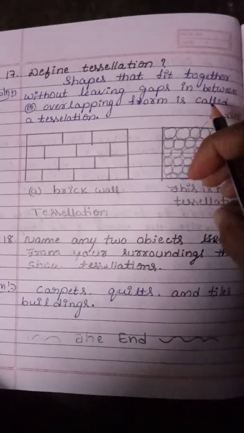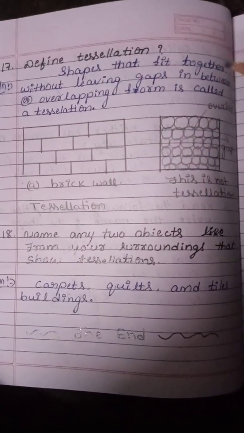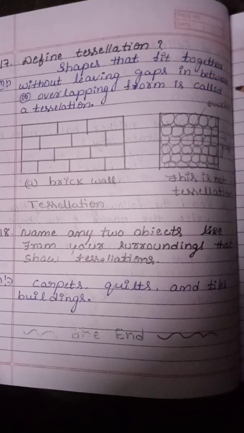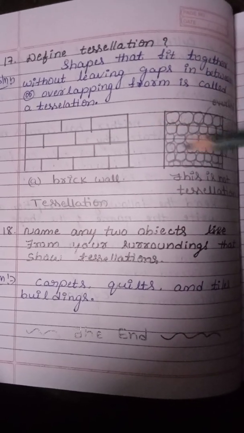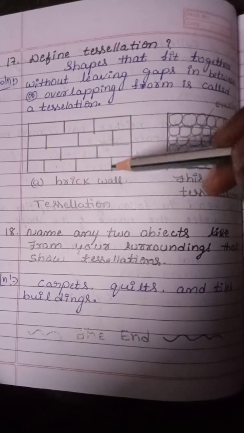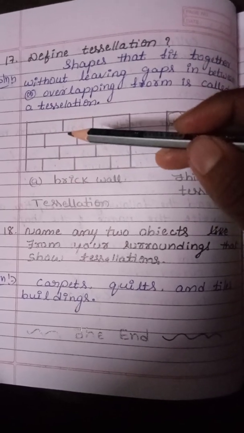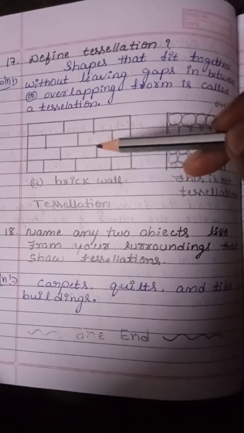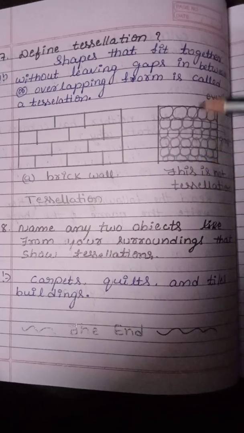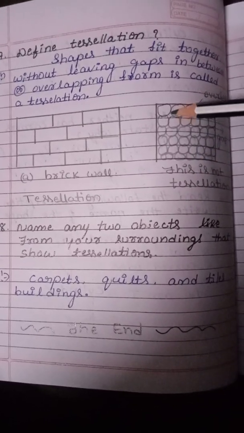Define tessellations. Shapes that fit together without leaving gaps in between or overlapping form a tessellation. See, you can observe a brick wall. See, there is no gap and there is no overlapping. This is called tessellation. See here, this is not a tessellation. You can see a gap here. This is not a tessellation.